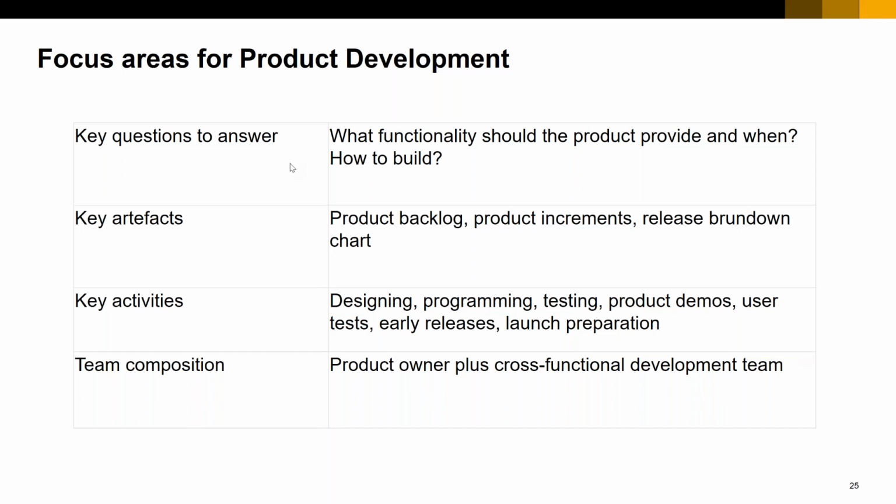And the team composition, as we talked about, the product owner plus the whole cross-functional development team. I would just leave it at cross-functional because, as I say, every once in a while, the mix of people within the team keeps on changing. It's not just the developers, the quality people, and then DevOps coming in, and the data analysts coming in, etc. Right?